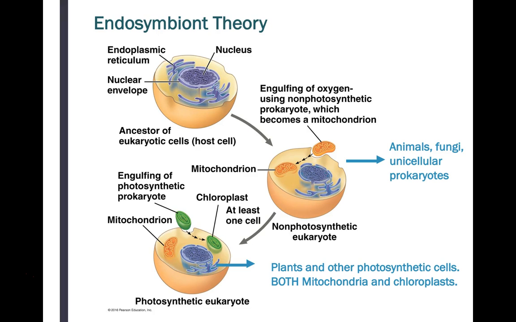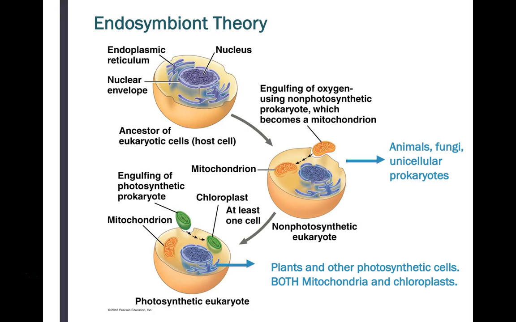A symbiotic relationship means a relationship that benefits both of the organisms. So the ancestor to the eukaryotic cell would have engulfed an ancestor to the mitochondrion and eventually evolved into this cell where the mitochondria is now dependent and part of the original eukaryotic cell, but still maintains its own DNA, its own double membrane, and performs a very specific function.